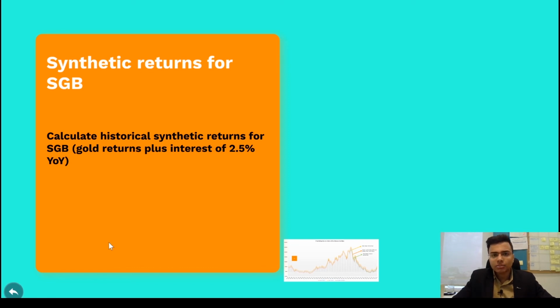So just add them up and take the gold price data of as long back as you want and keep adding 2.5% every year. That gives you the return provided by sovereign gold bond scheme. Had this been launched in say 1970, what would have been the return profile? Take the price performance of gold from 1970 and keep adding 2.5% interest every year. So you will get synthetic returns for sovereign gold bond scheme.